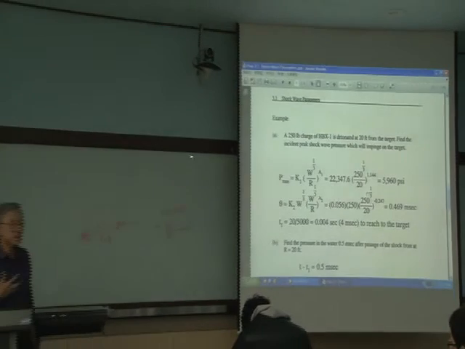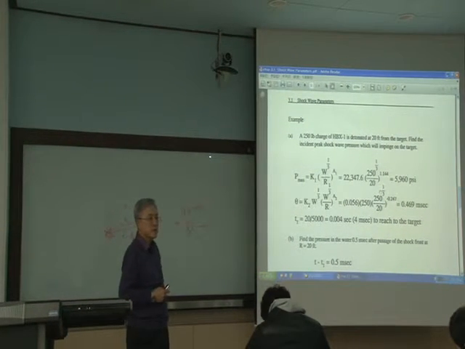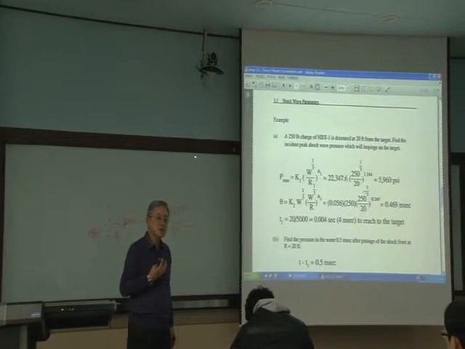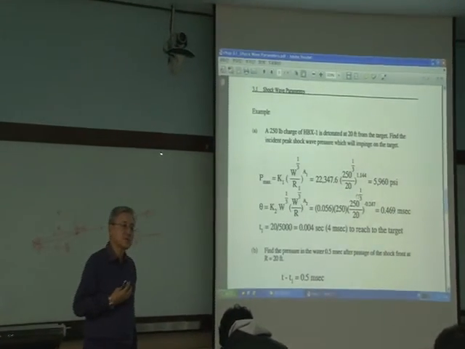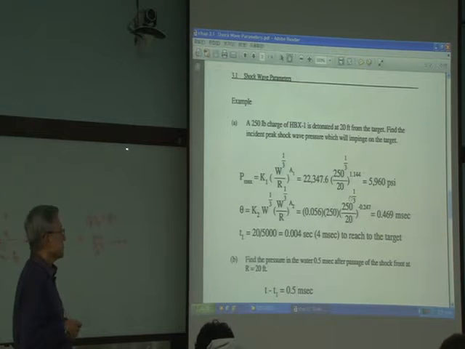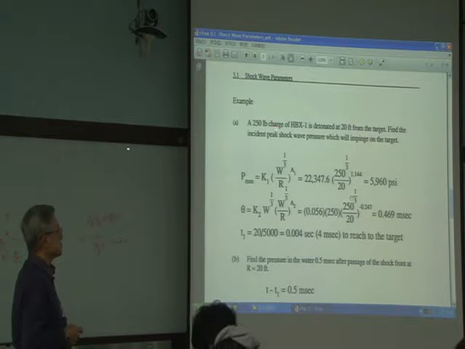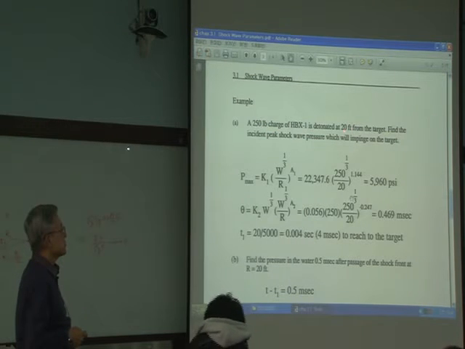And showing an example to get some feel. This is HBX1. HBX1 charge is about 50% higher in strength than TNT. Let's say a 250 pound charge, and 20 feet is the standoff distance.